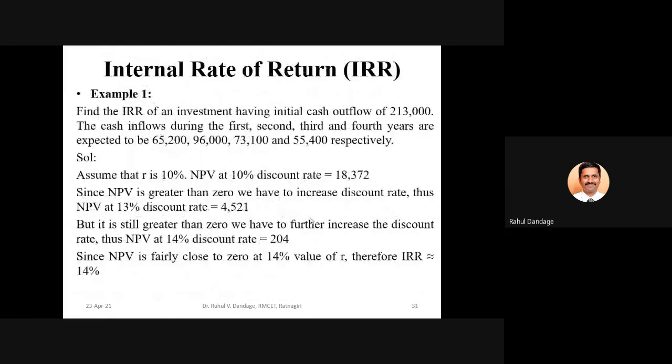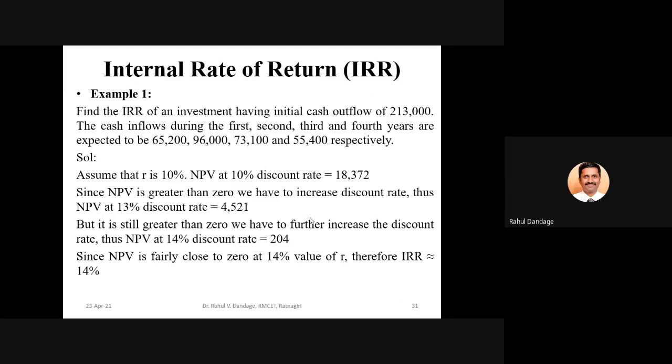So this is, let us say, an example. Find the IRR of an investment having an initial cash outflow of 213,000. The cash inflows during the first, second, third and fourth years are expected to be 65,200, 96,000, 73,100 and 55,400 respectively. So these are the various cash flows which are given.